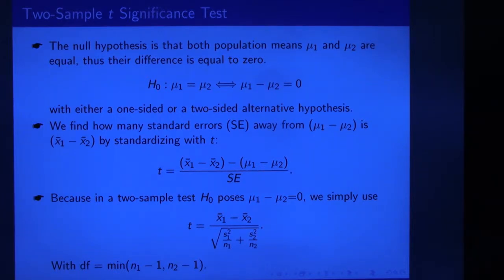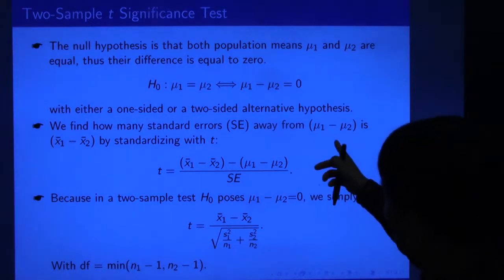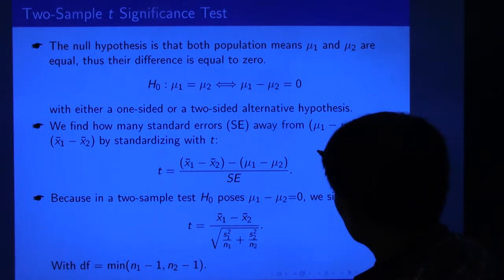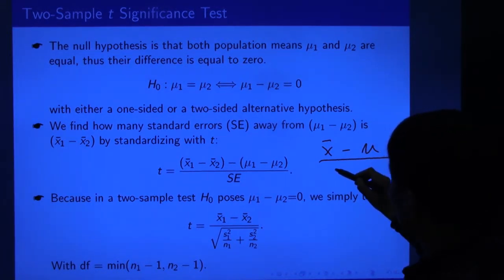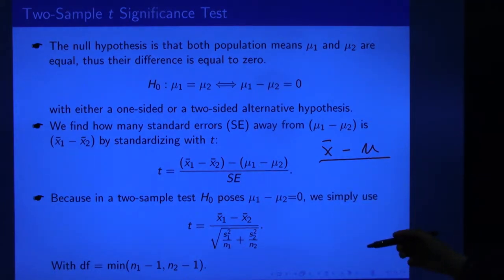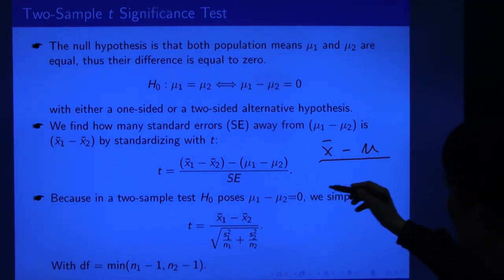The t score, or the t value, is calculated from x bar minus mu, then divided by the standard deviation, called the standard error.